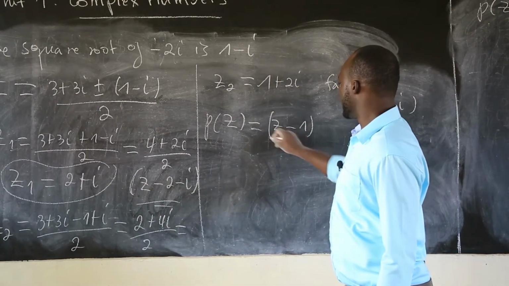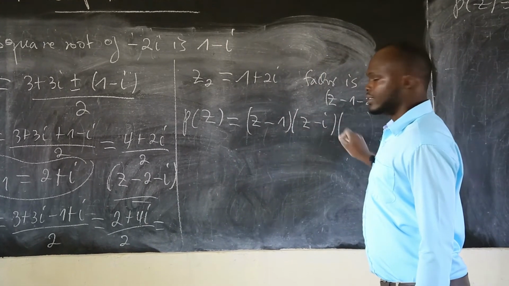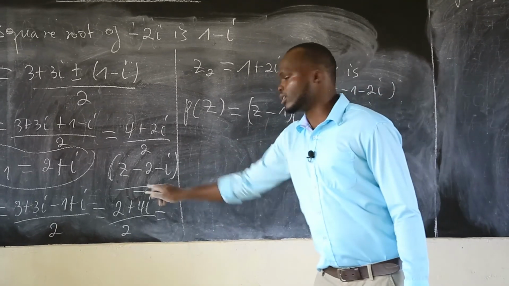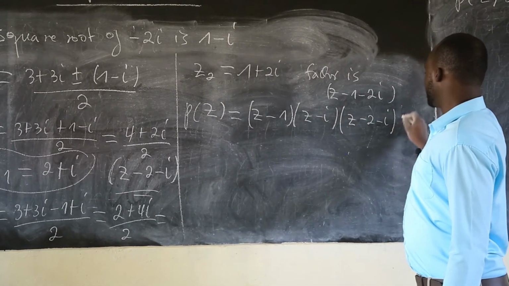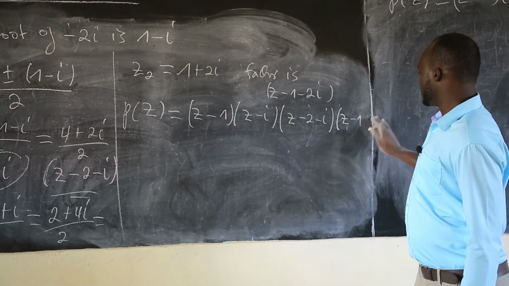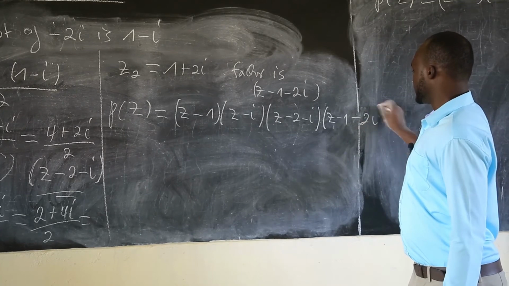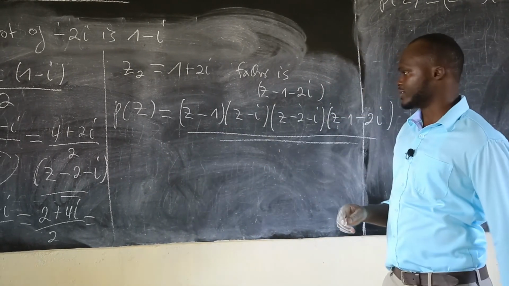So if we say factorization, our P of z is z minus 1. I think you remember this one. z minus i. Then with this one, z minus 2 minus i. Then z minus 1 minus 2i. This is the complete factorization.